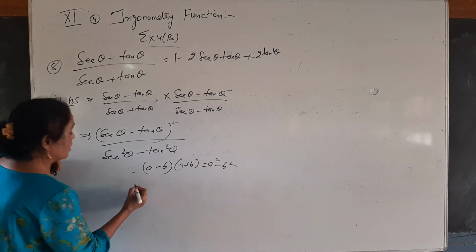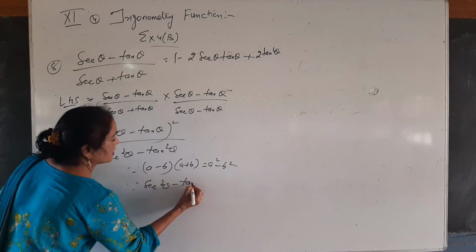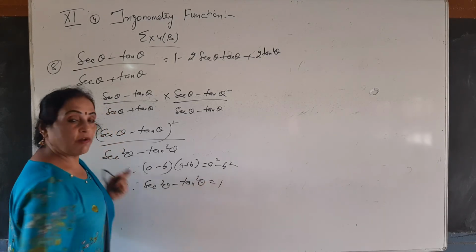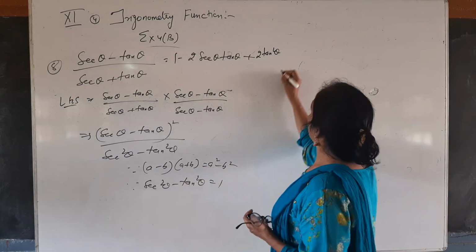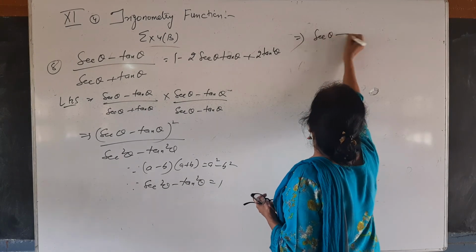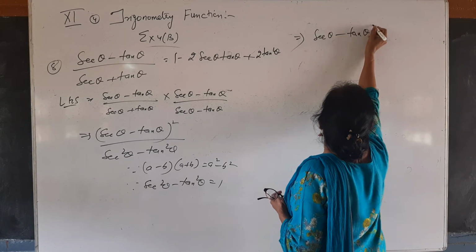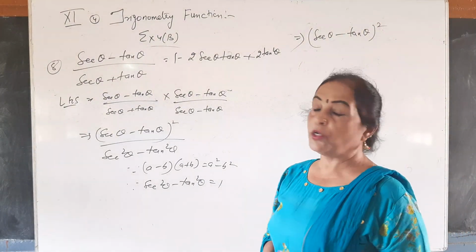Now here we know that sec square theta minus tan square theta is equal to 1 by the identities. So we have used the identities here. So what remaining are we getting? Here we are getting sec theta minus tan theta whole square.